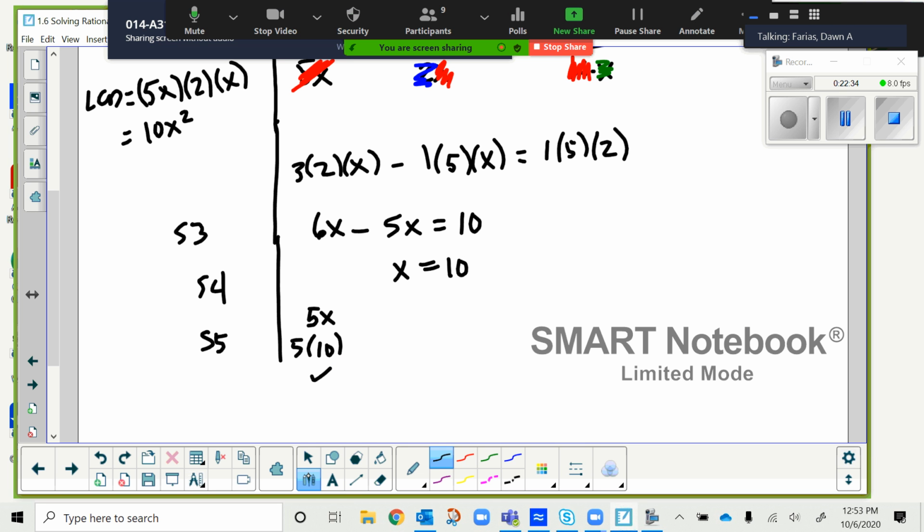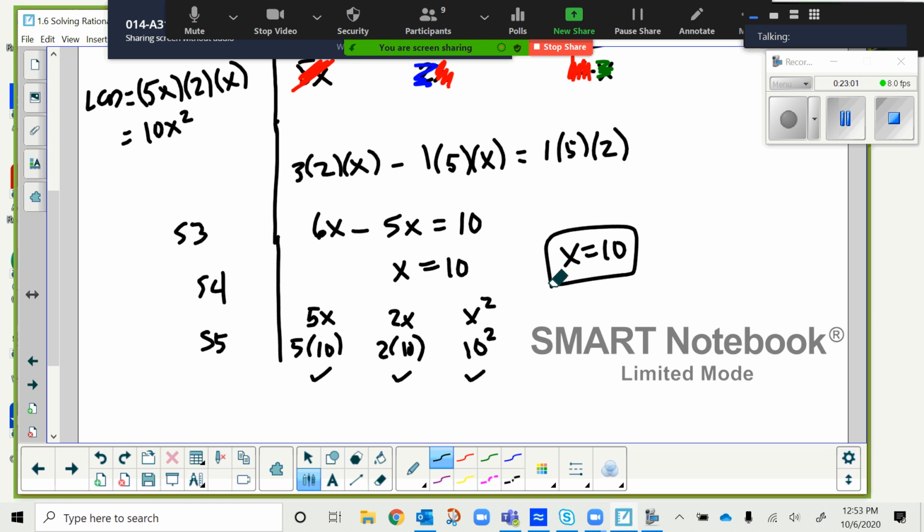The second denominator is 2x, and when I plug 10 in, it's good. I do not get 0. And the third denominator was x squared. When I plug 10 in, I do not get 0. So it checks all the denominators. I get x equals 10.